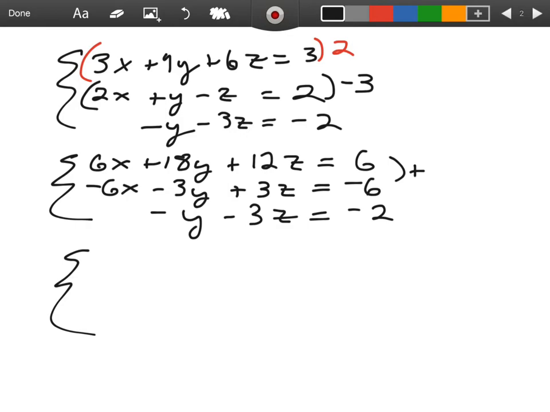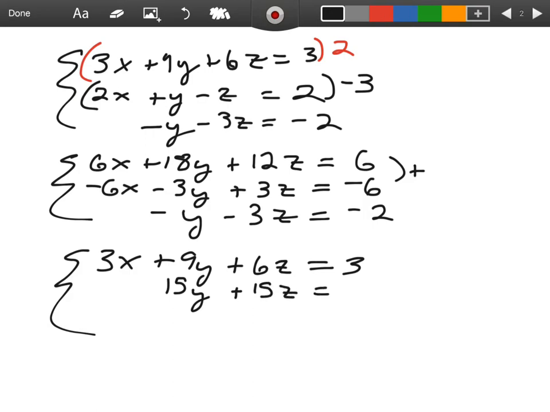At this point, what I like to do is revert the top equation back to what it was originally, just so we're not making our equations have bigger and bigger numbers. We simplify it back down, because what I'm replacing is the second equation. So when I do that, I get 0x, then 15y plus 15z equals 0, and the bottom equation stays the same.